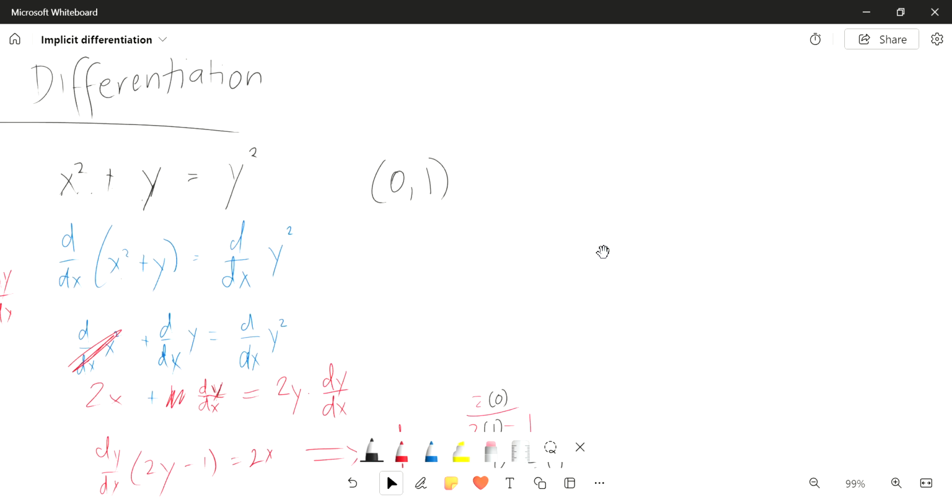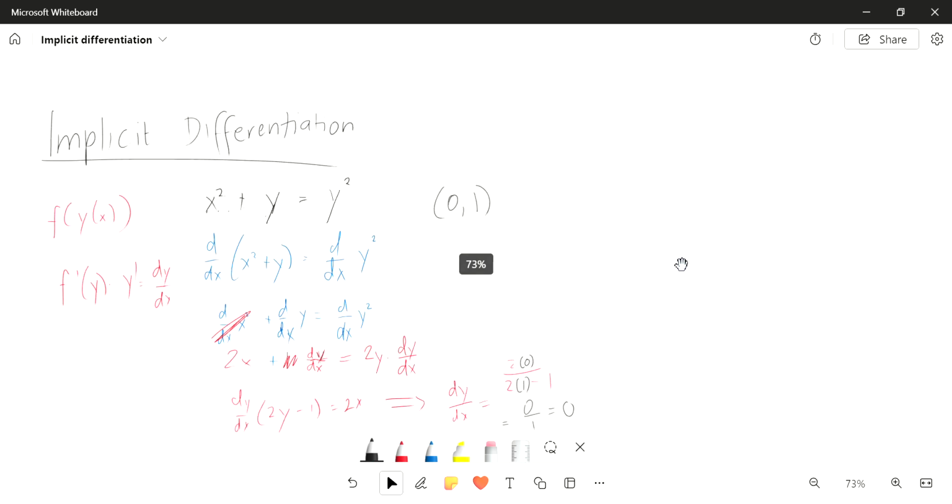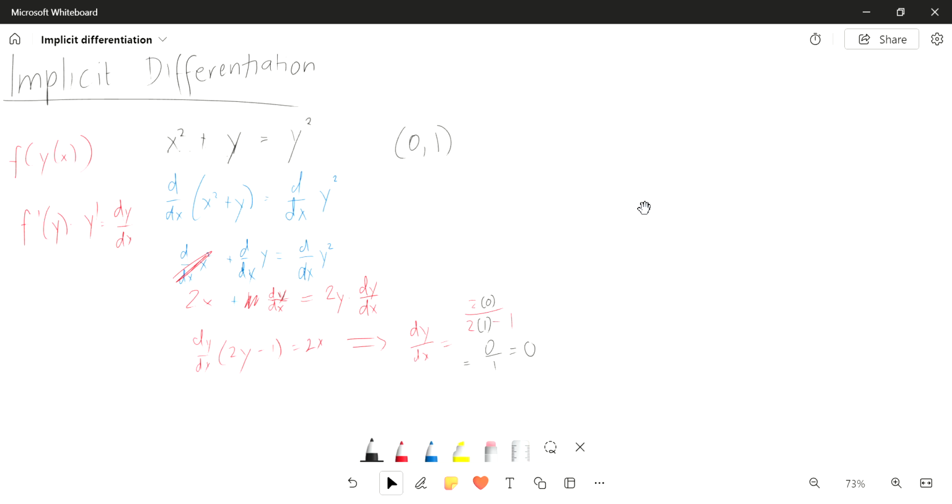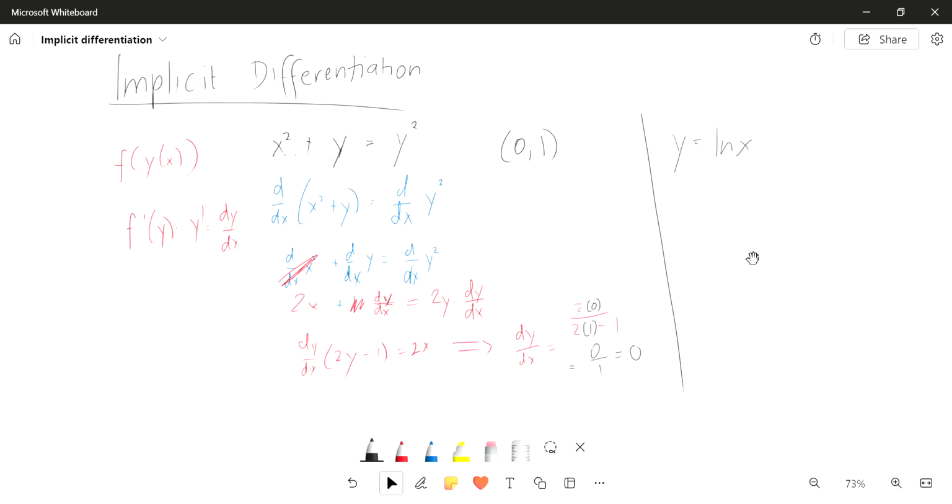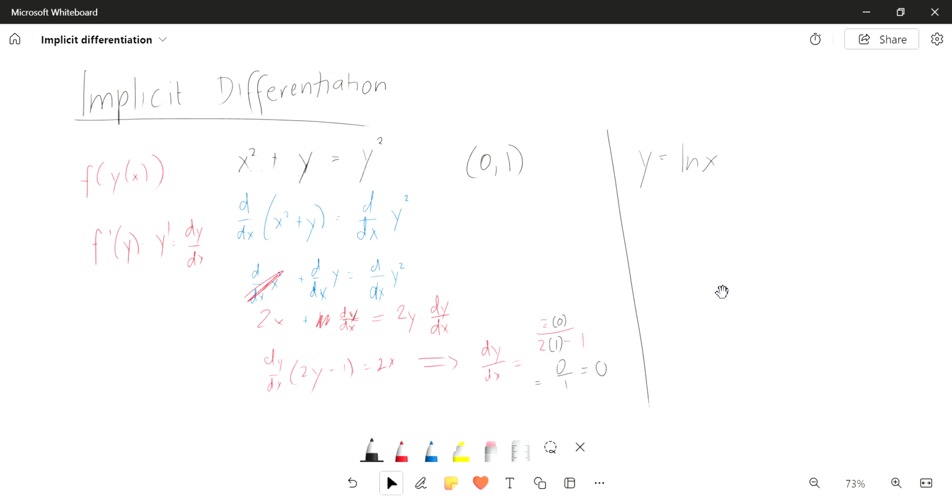Now, using this idea of implicit differentiation, we can even find the derivative of ln x, and we'll say y is equal to ln x. This is one of the derivatives where not using the limit definition would actually be easier. And I don't know if I mentioned this, by the way, but implicit differentiation doesn't only have to be in terms of x.